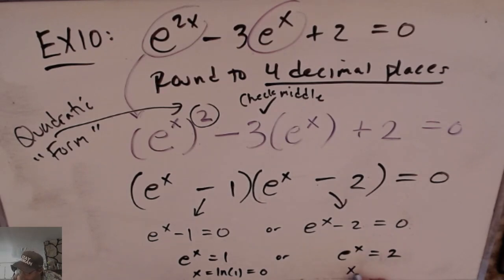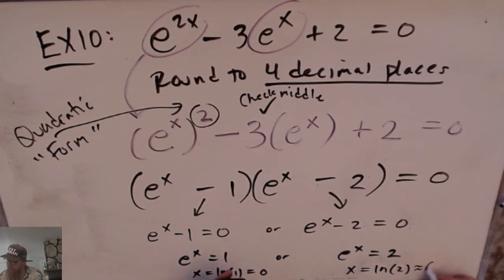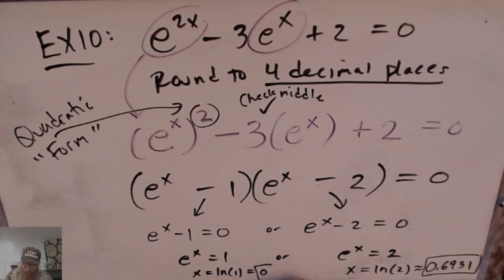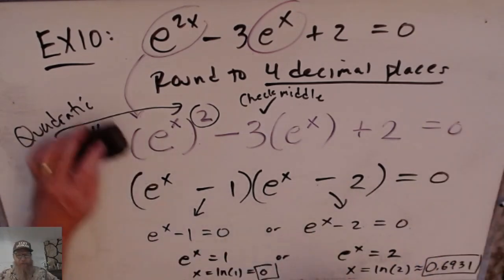But for e to the x equals 2, you have ln of 2. You're going to need your calculator. So that's going to be approximately 0.6931.